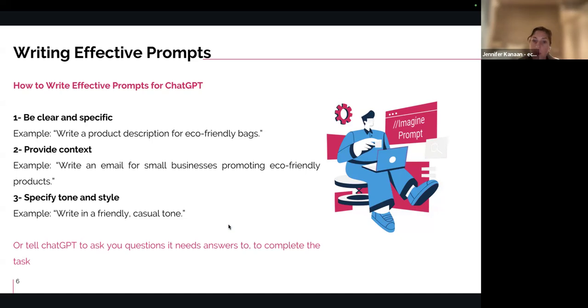So for me to answer, that will help you complete this task. In that case, if ChatGPT needs to know about the target audience, the tone of voice, or anything else, it will allow you to provide all of the answers that require you to think a little bit about them. And it will be able to complete the task and give you an answer that's more suited to what you want exactly.